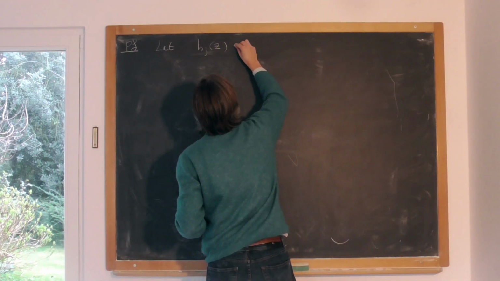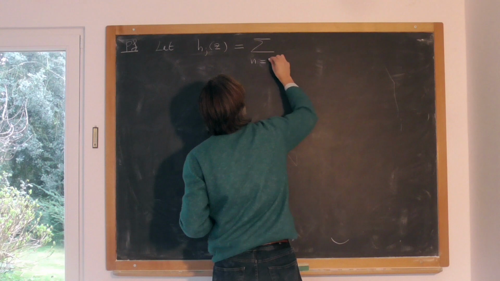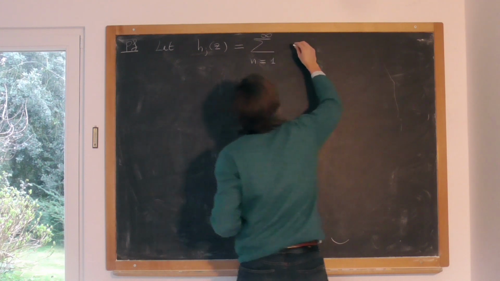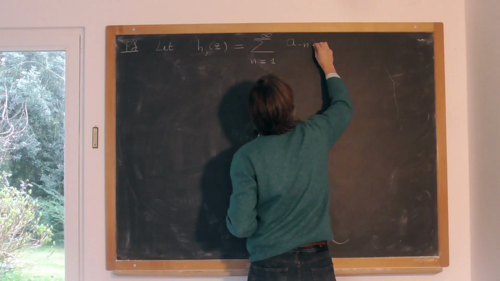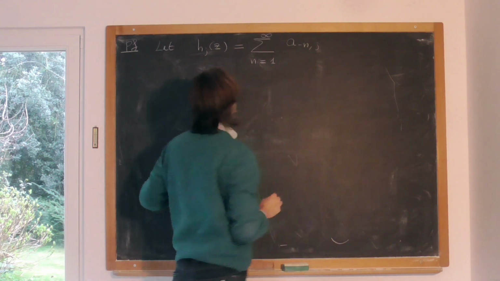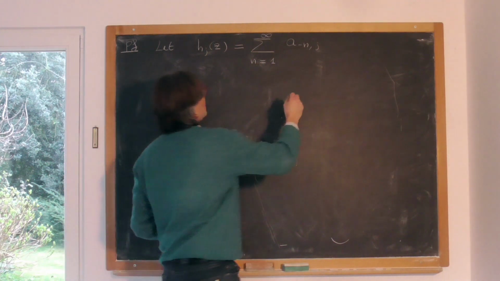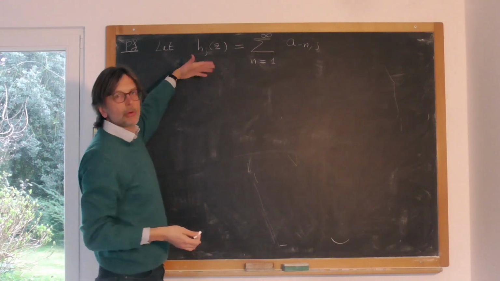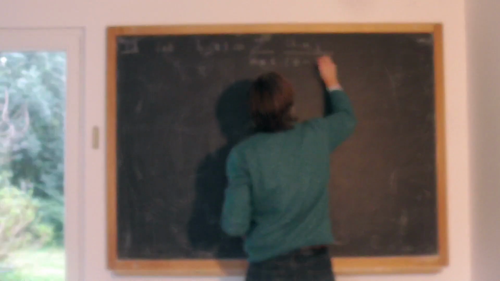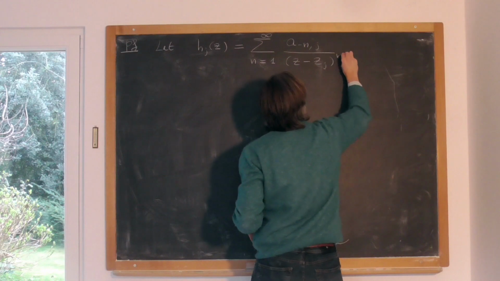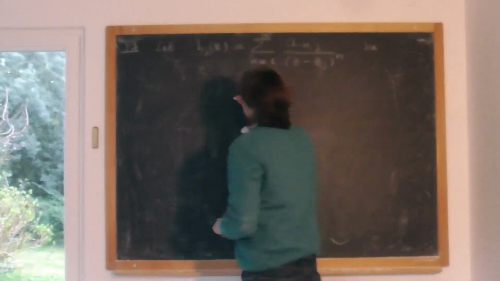So this hj(z) is a sum of the form n going from 1 to infinity, so it's a principal part, so it's something of the form a minus n, and I'll put now also an index j, because we actually have one Laurent series for each singularity, so we have k of these Laurent series, and they are parameterized by the index j, (z minus zj) to the power minus n.